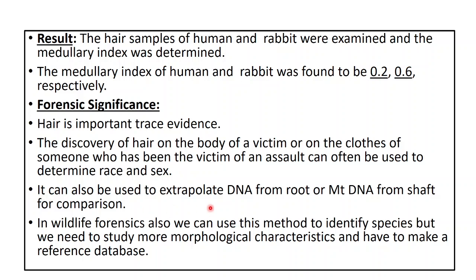It can also be used to extract DNA from the root and mitochondrial DNA from the shaft for comparison. And in wildlife forensics also we can use this method to identify the species, but we need to study more morphological characters and make a reference database so that we can compare unknown samples with the reference one. Thank you.